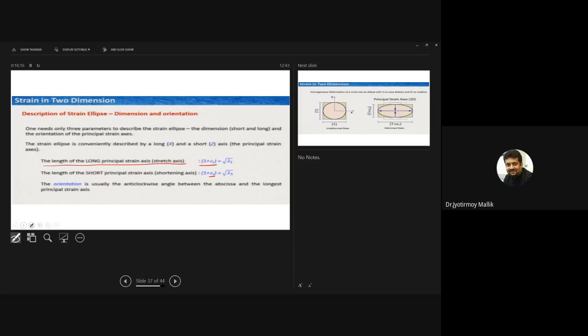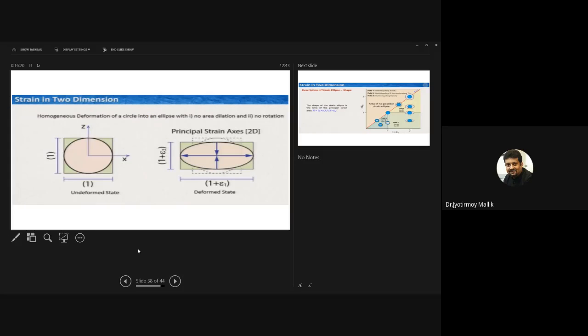I have a picture for that. This is my initial circle, which is now converted to an ellipse, and I can calculate epsilon 1 and epsilon 3 in both directions.